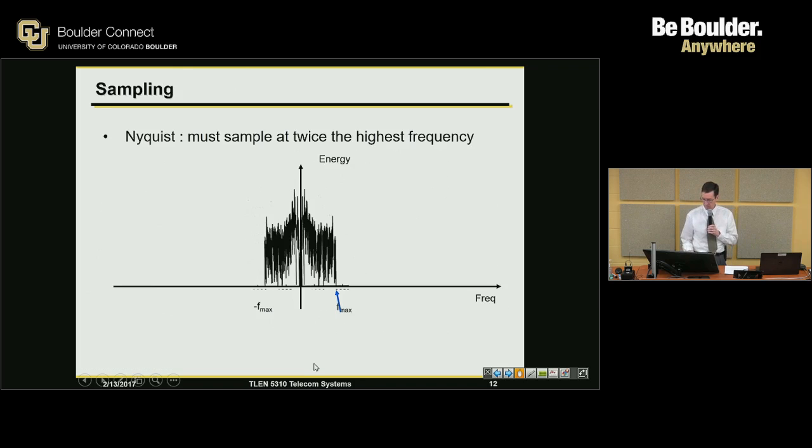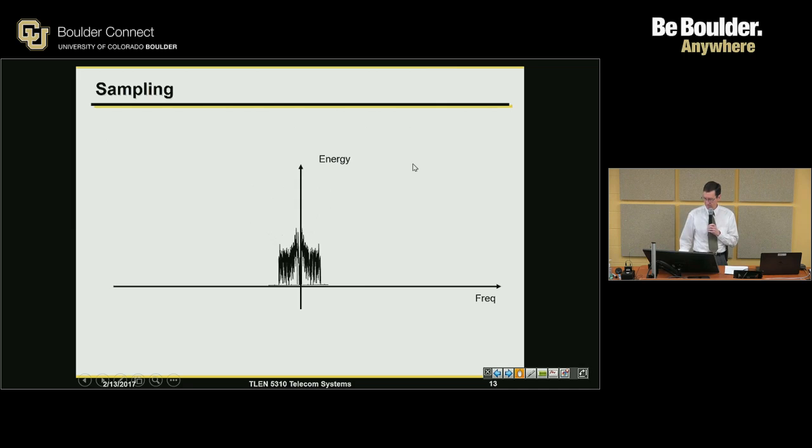So in that case of filtering, here's my maximum frequency at this edge. And then I can replicate that at, say, 2 times the message frequency, or 3 times.